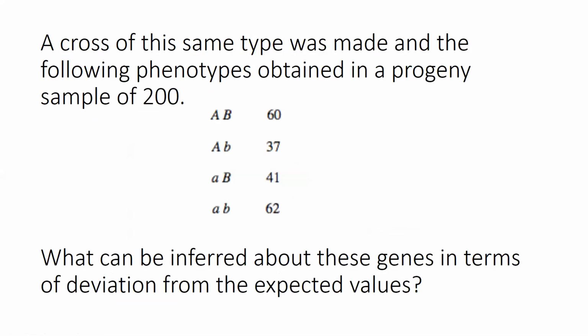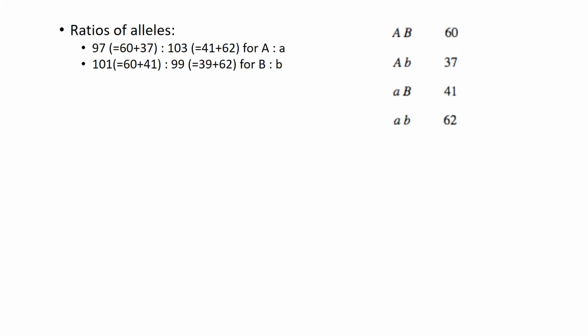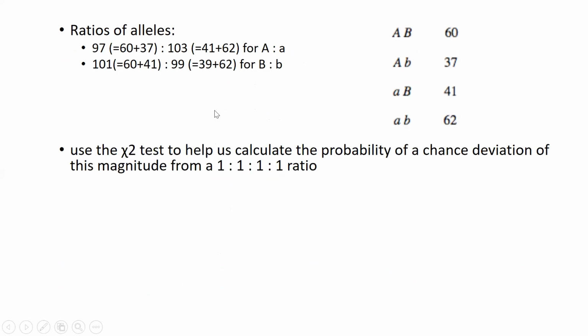So an example would be this guy. We have a sample size of 200, right? So this is the various genotypes that you have. In this case, you realize that these numbers are close to a 1-to-1 value. However, we're going to use the chi-square test to see how much of a chance this deviation is from the magnitude of a 1-to-1 ratio.